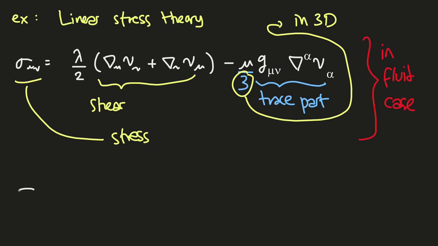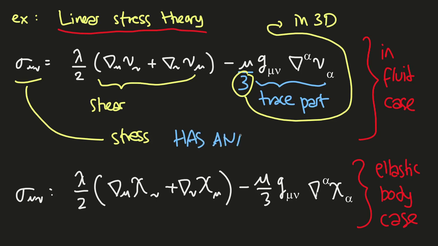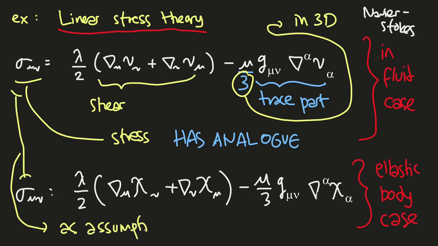For the elastic body case, we have the same pattern as this, so we can see that both in the elastic body and fluid case there is an analog of the stress tensor. For the fluid case, we know this as the Navier-Stokes model, and all the stress here assumes that it satisfies the Cauchy theorem, later known as Cauchy stress.